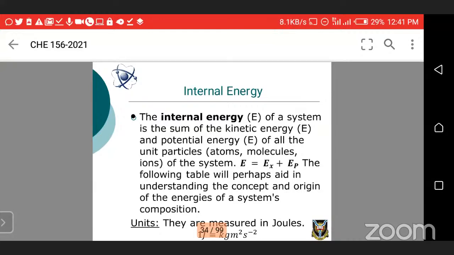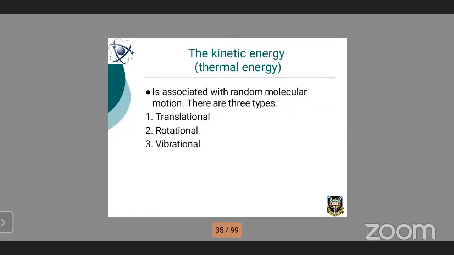It is made up of different energies peculiar to that system, and they are measured in joules. Thermal energy is associated with random molecular motion, and we have three types, like I told you: translational, rotational, and vibrational.